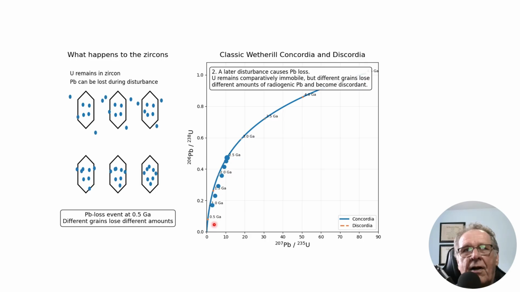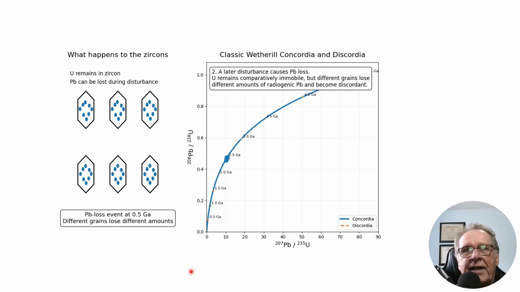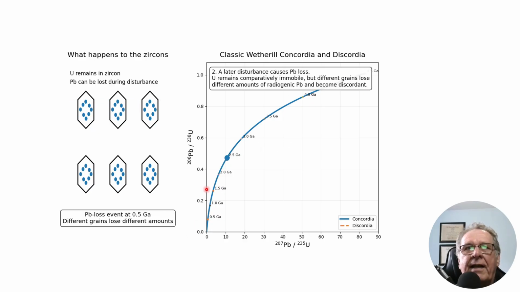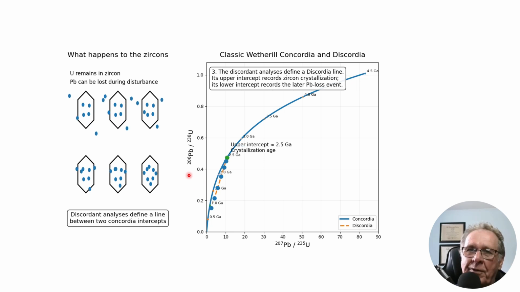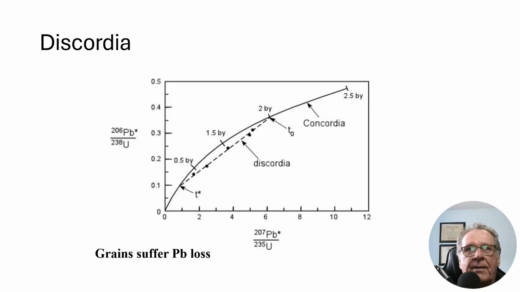And they will evolve and they will touch the other end of Concordia at a younger age, which here is about 750 million years. So if it's a nice line, it actually gives us two pieces of information. It gives us the age of crystallization and the age of the metamorphism that disturbed the crystal.